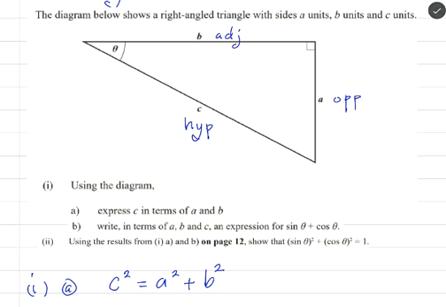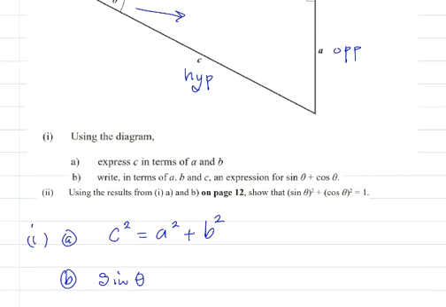The side that is opposite to an angle is the side that is in front of the angle. So A is opposite to theta, B is adjacent, and C is the hypotenuse.